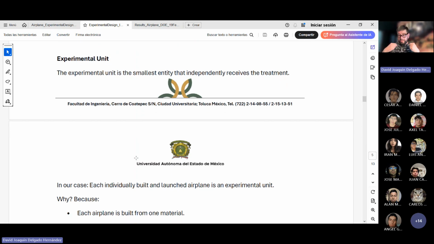So, for instance, in our case, each individual airplane is an experimental unit. One airplane is one unit, okay? The bond paper airplane with the long distance is one experimental unit. The folder made airplane with long distance, again, is another experimental unit, okay? We have in total 8 experimental units in our exercise.